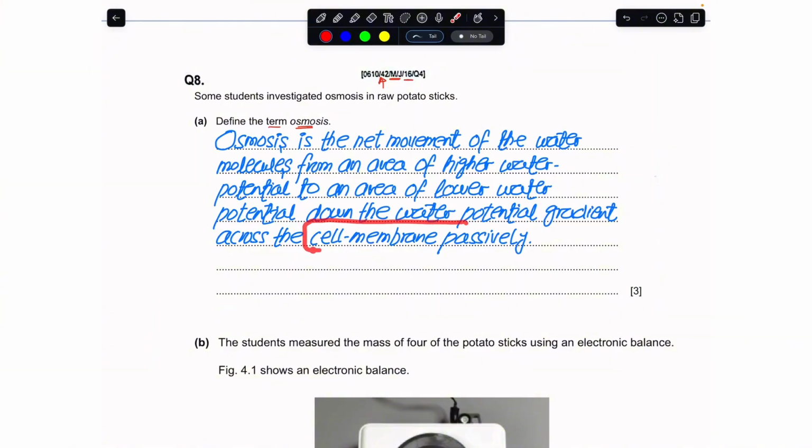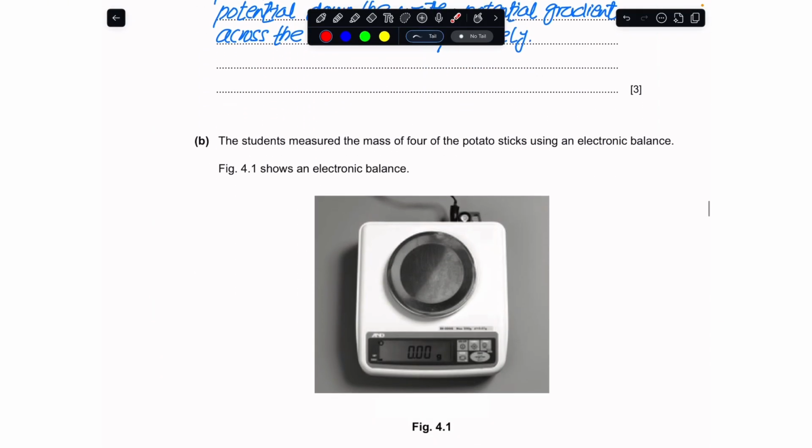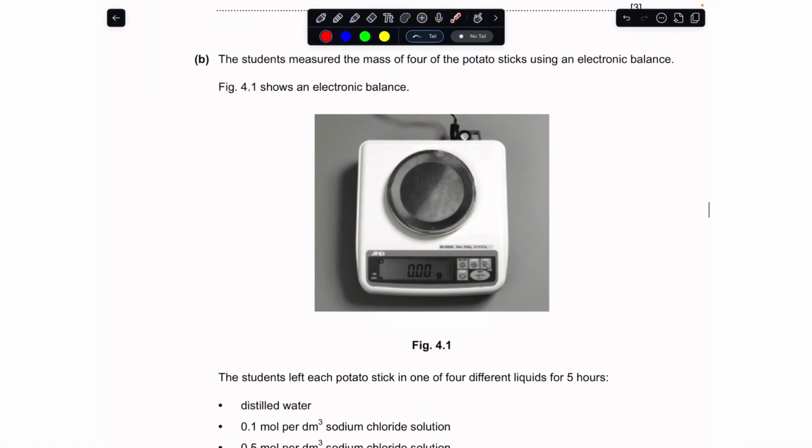And for sure, when water moves by osmosis, it needs to cross the cell membranes, and the process depends on the internal kinetic energy of the water molecules, and no energy would be utilized from the mitochondria. That is why we are adding the word at the end, and the word is passively: for osmosis, no energy is utilized.